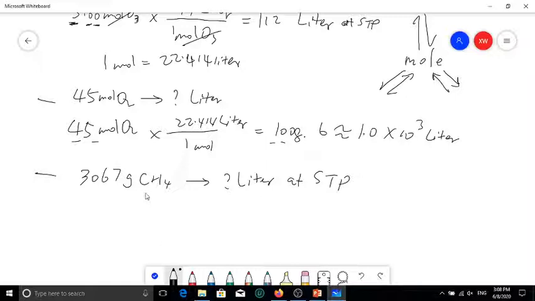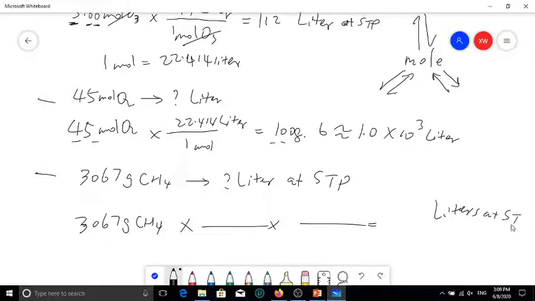You can see this is going from grams to liters, so you have to go through the mole as the intermediate. Okay, 2-step calculation. So 3,067 grams CH4, 2 steps, and you're going to get liters at STP.